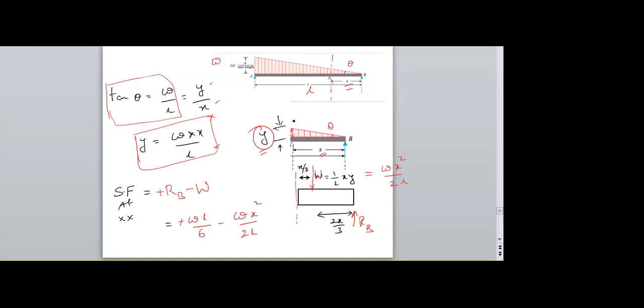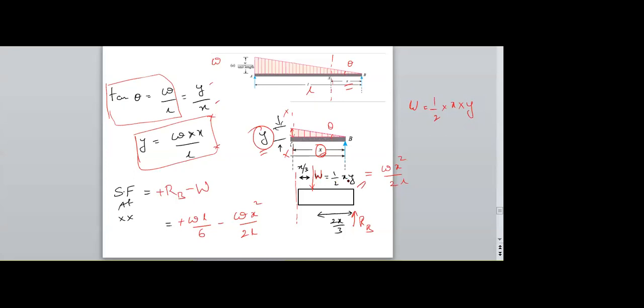Now, I am considering a section XX at a distance of small x, and I am considering a small triangle. I need to convert this into a point load again. Therefore, the area of the small triangle is half, base is x and height of the triangle is y.